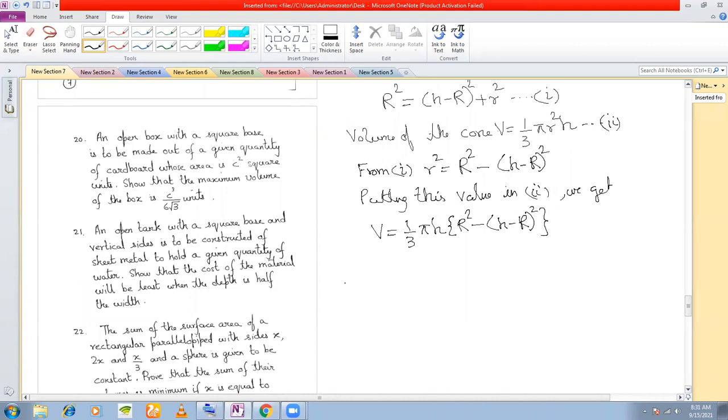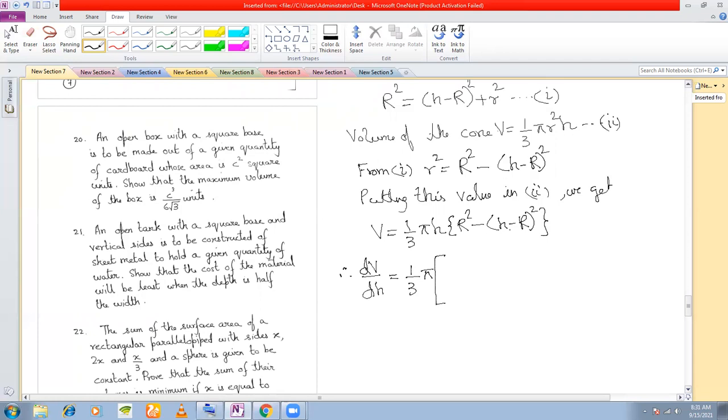So therefore, now we differentiate. Therefore, dV/dh. Now you can expand and simplify this expression, but I think it will be easier for us to differentiate like this. Otherwise, this should be easier to differentiate. 1/3 pi, this is your constant, you take it out.